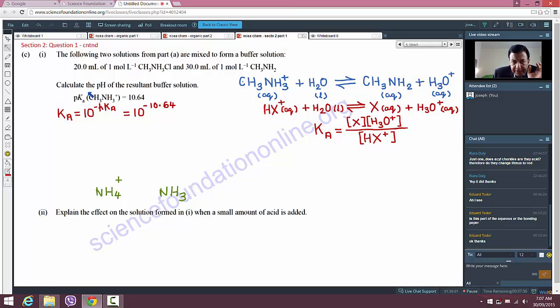Now, it says here, calculate the pH of the resultant buffer solution. Okay. Now, when we do a buffer solution pH calculation, what we need to do is begin writing the equation for the acid hydrolysis reaction taking place here. This species here, like an ammonium ion, can react with a water molecule.